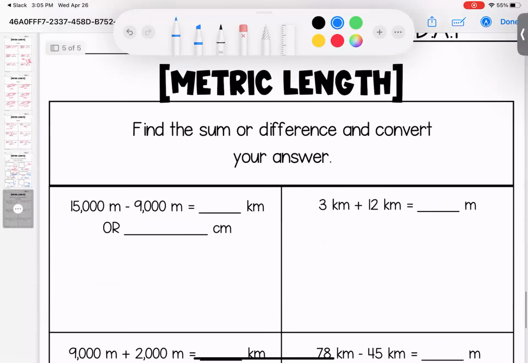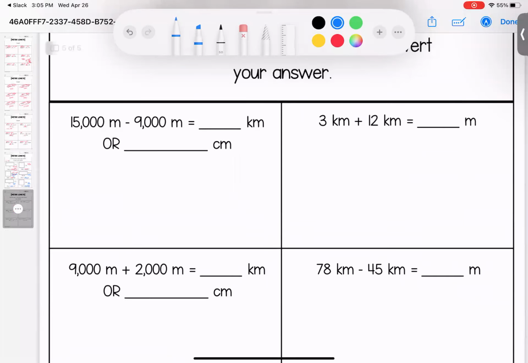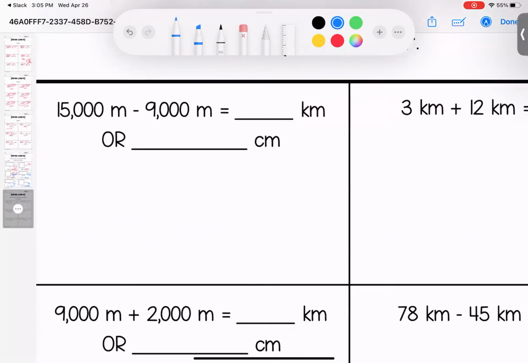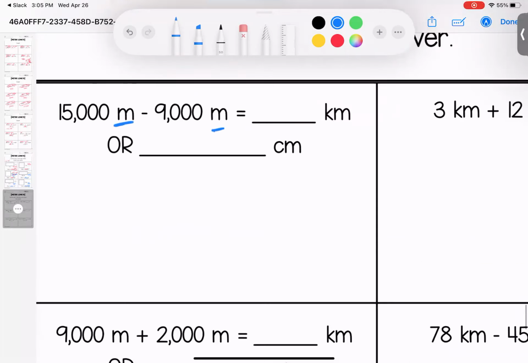All right, loves, the last one. It's super, super sticky. I want you to convert these, but notice meters and meters, kilometers, centimeters. Some of these are 2-step, some of these are 3-step.